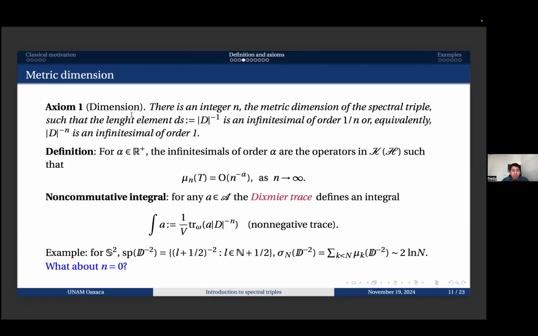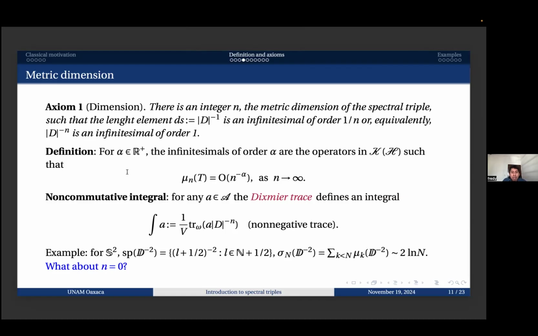It says there is an integer n, the metric dimension of the spectral triple, such that the inverse of the absolute value of the Dirac operator is an infinitesimal of order one over n. Equivalently, the absolute value of D to the power minus n is an infinitesimal of order one.